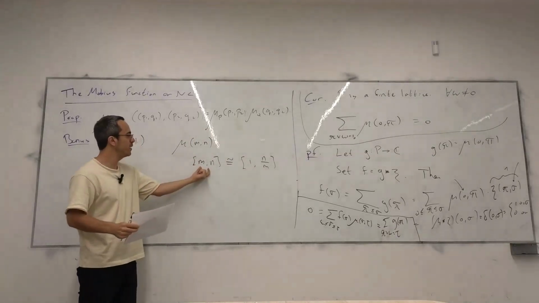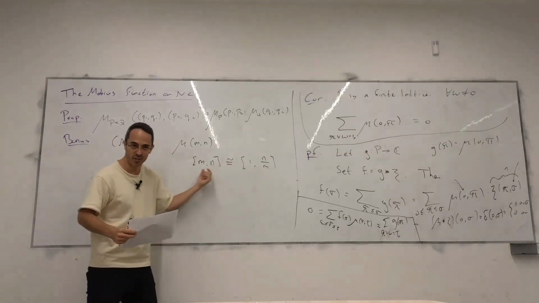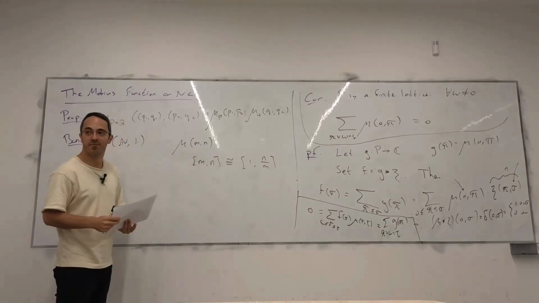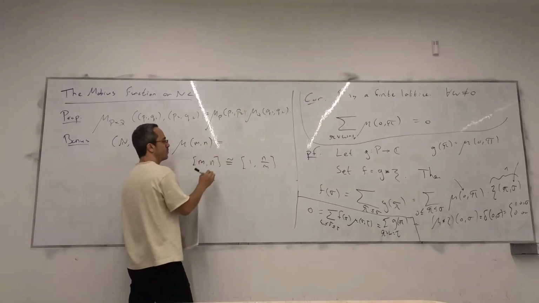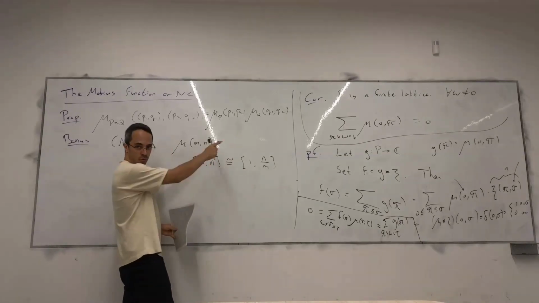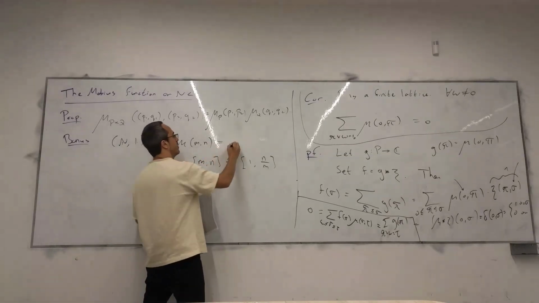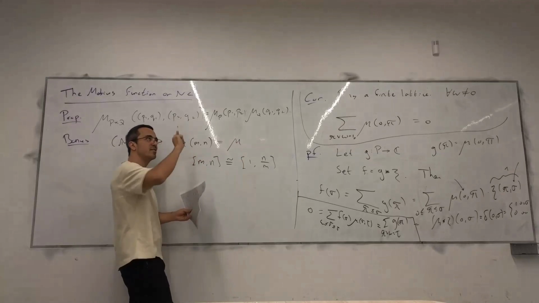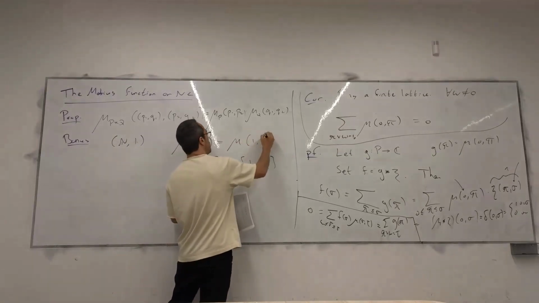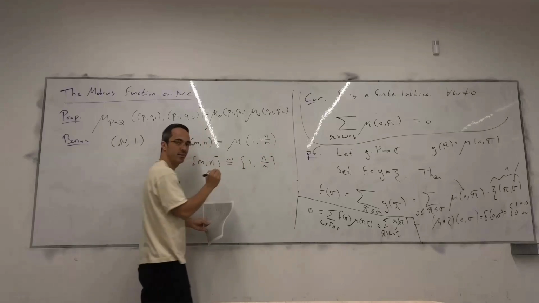Every number here, you divide by m, you get a number here, it's order preserving, everything's fine. And I think I said last time that if you have an isomorphism, mu respects that, because mu only cares about the structure, not the names. So if you want to compute that, it's the same thing as this.